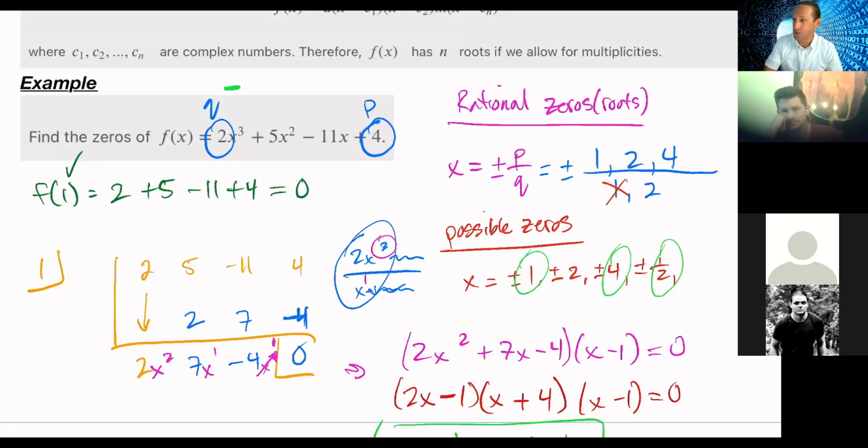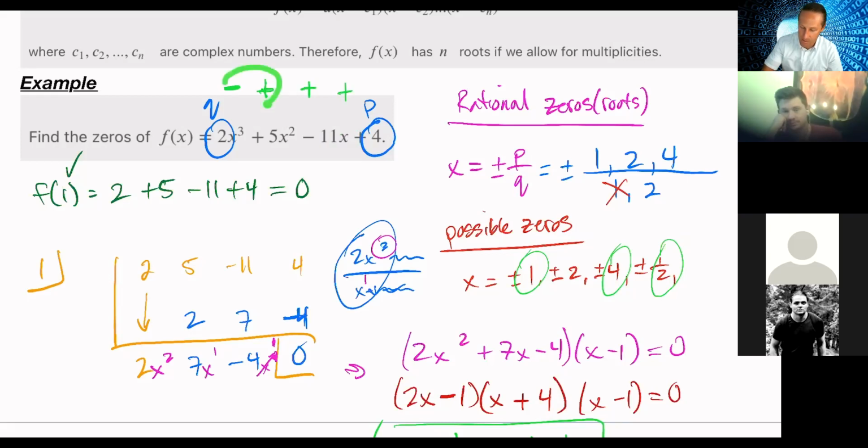It's odd, right? It's cubed, so it'd be negative times that positive 2. The negative here would stay positive, so this would stay positive. Then the negative here times the negative would make it a positive. And then positive 4 is always positive.